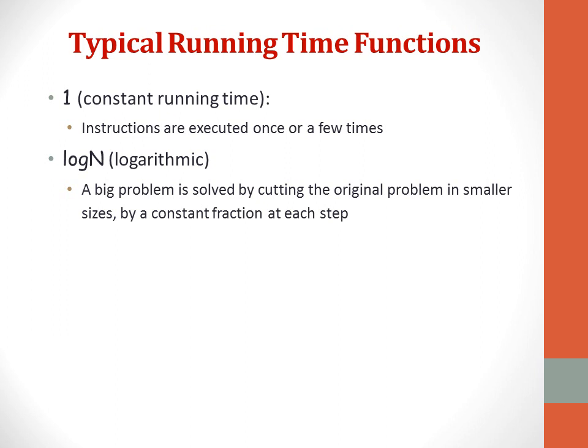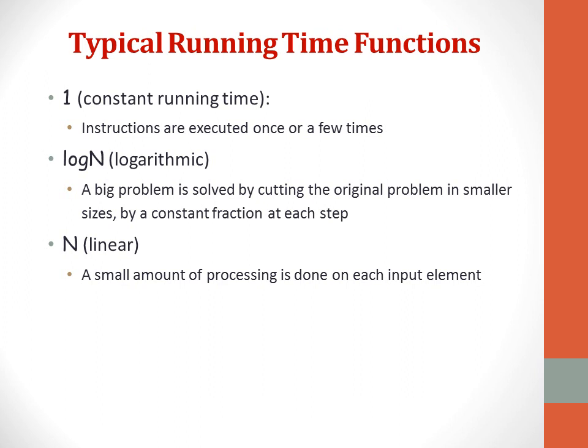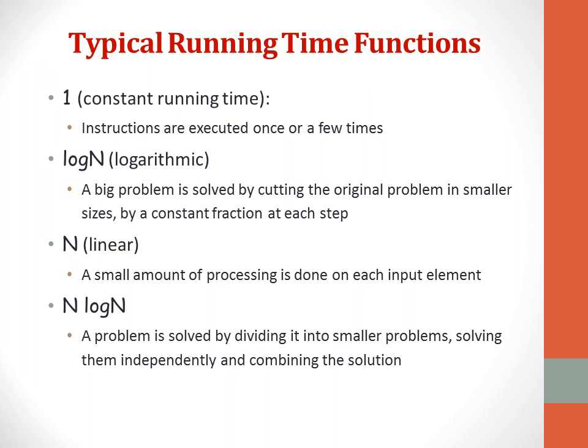Okay, so proceeding. n is linear, it is n times, like a linear search. In that we search the element for n times. In the worst case we have to search it for n times. Then n log n, the combination of linear and logarithmic. So both ways it is for that kind of problem. We'll verify this n log n for some algorithms.